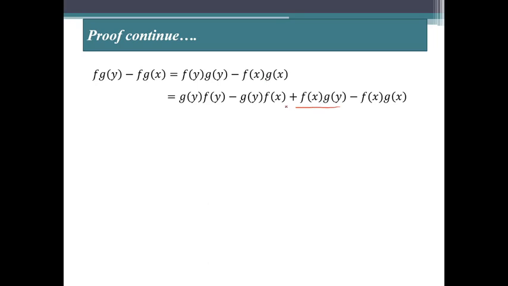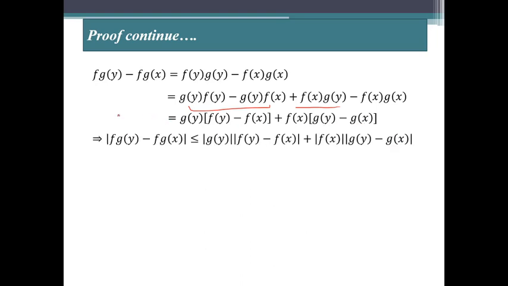Taking g(y) common from the first two terms, we get g(y) times f(y) minus f(x). Similarly, if we take f(x) common from the other two terms, we get g(y) minus g(x). And if we take mod on both sides of this equation, this implies that mod of fg(y) minus fg(x) will be less than or equal to mod g(y) into f(y) minus f(x) plus mod f(x) into g(y) minus g(x).